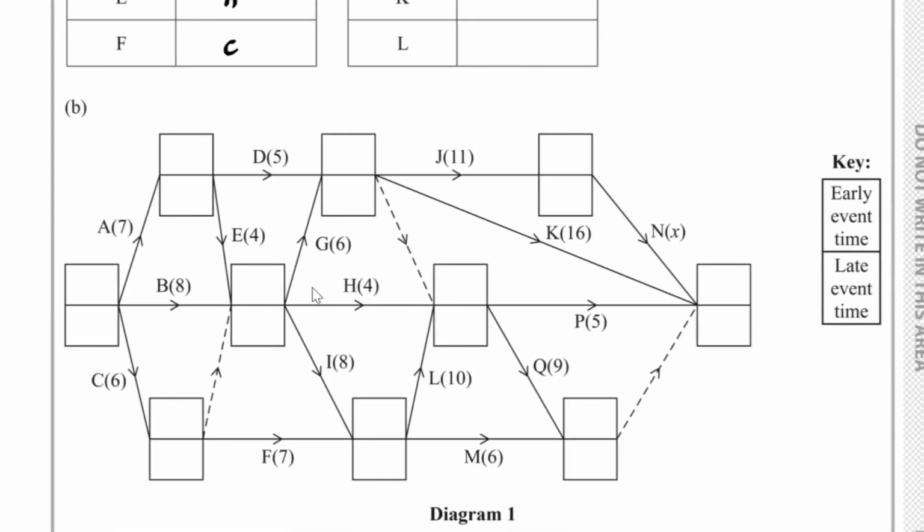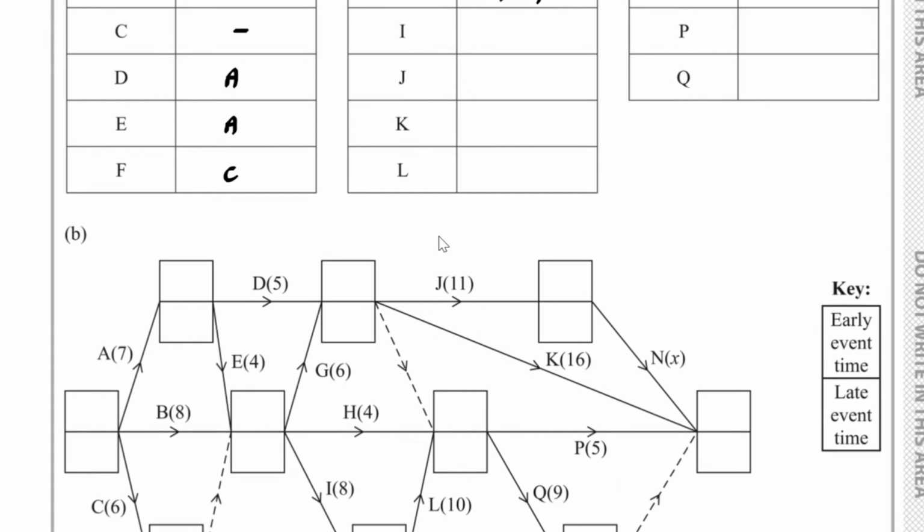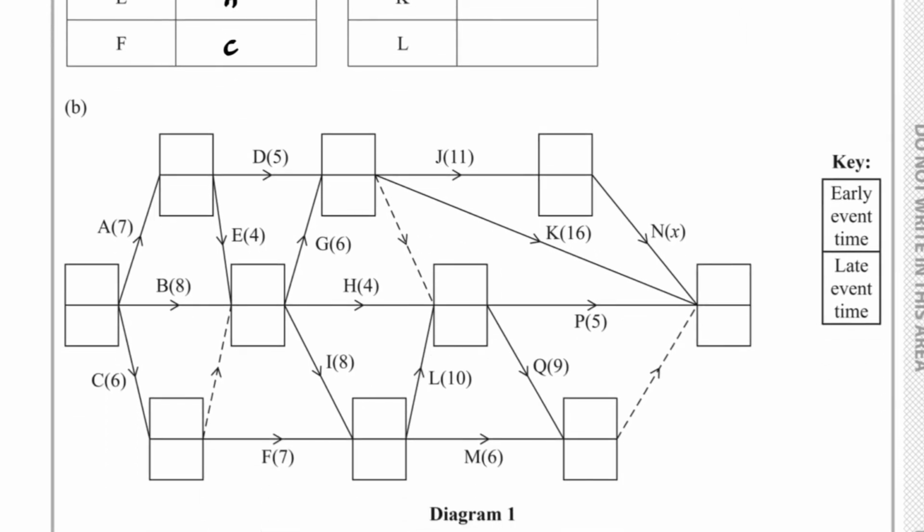If I take a look at H, that depends on B, it depends on E, and it also depends on C, and that's indicated by the dummy. And so H would depend on B, C, and E. If I take a look at activity I, that depends on B, it depends on E, and it also depends on C, and that's indicated by the dummy.